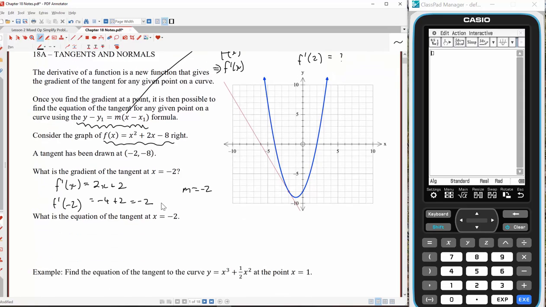Now, what's the equation of the tangent at x equals -2? I usually find it useful to write this in: y take y1 equals m times x take x1. And I have the gradient there, and I also like to write the coordinate point. I know it's already written there, but I'll rewrite it with x and y.